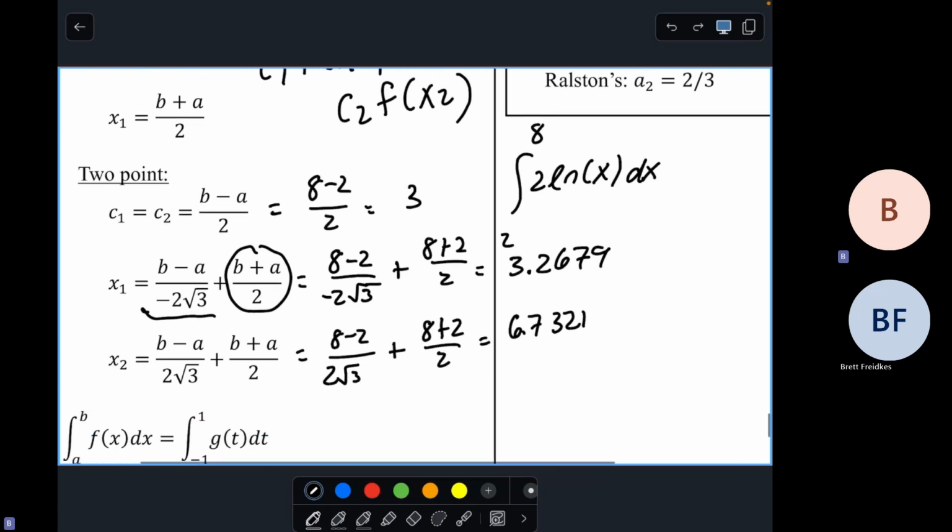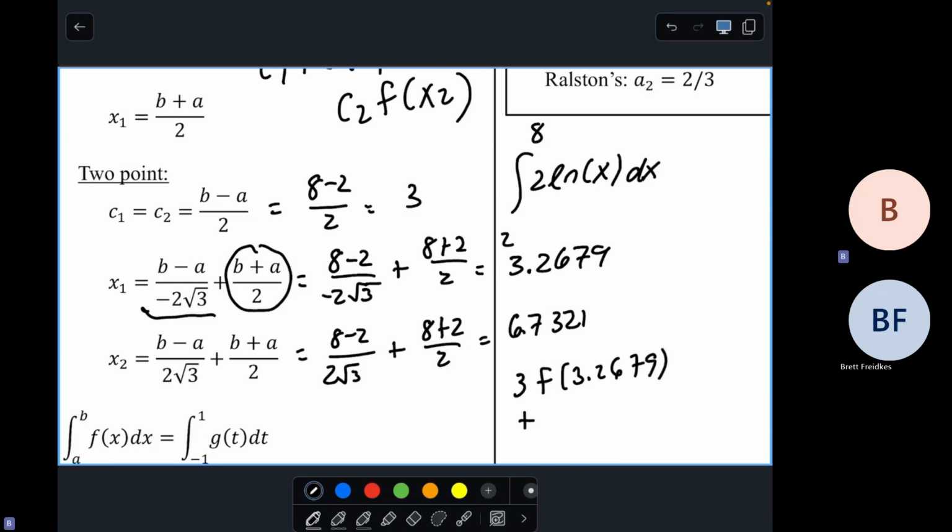So what you'll do is say that your math will be 3, C1, times f of 3.2679 plus C2, which is also 3 times f of 6.7321. You will plug 3.26 into this expression.